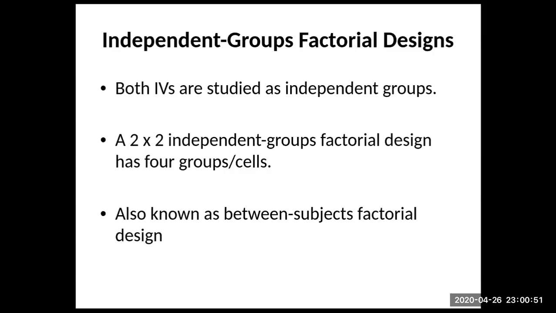That would be a completely independent groups or between groups design. In this case, a 2x2, 2 levels of one IV, 2 levels of the other IV, give us 4 groups. Younger on a cell phone, younger not on a cell phone, older on a cell phone, older not on a cell phone. This is also known as a between subjects factorial design.